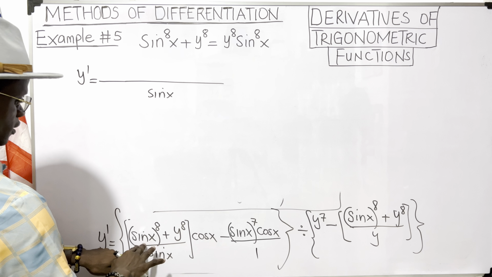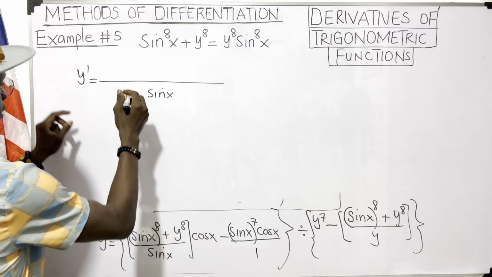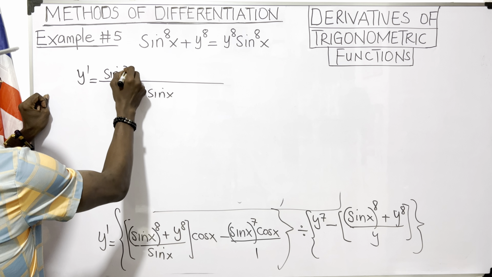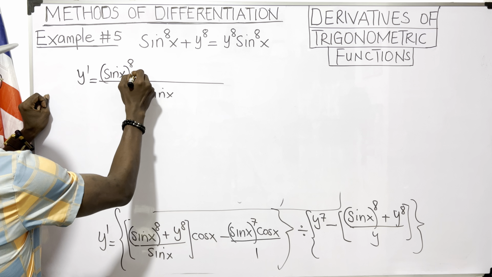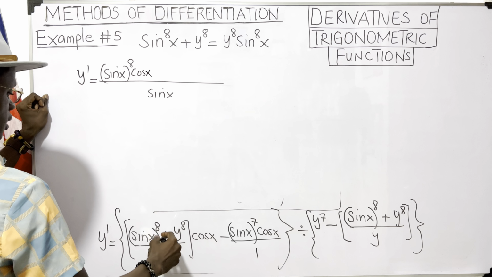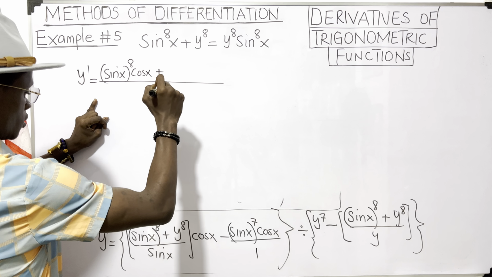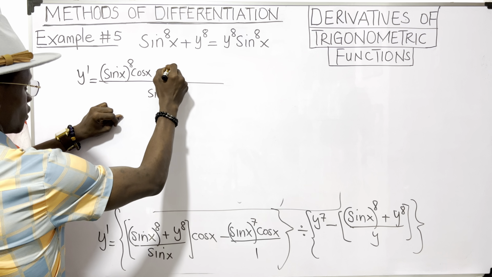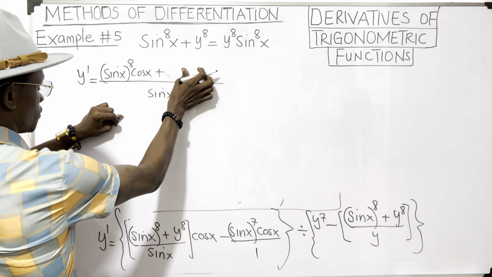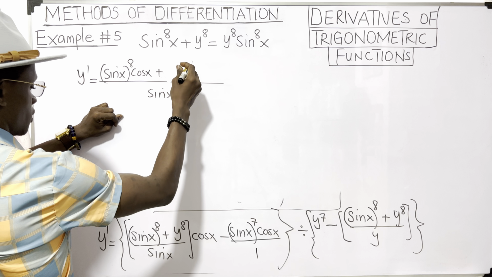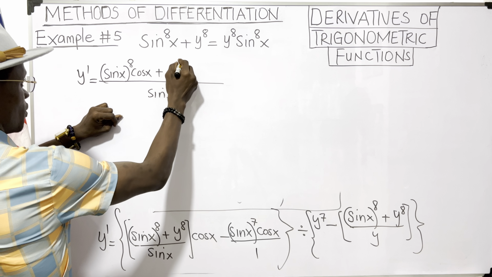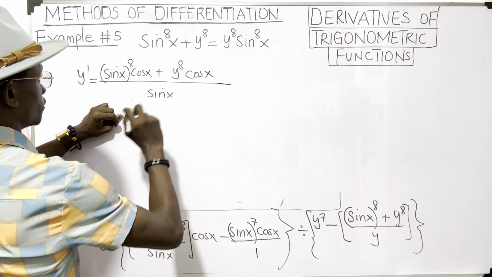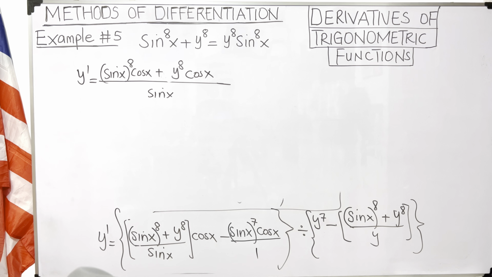So we say cos of x times the numerator. So that is sine of x raised to the 8th power cos of x, and then plus y raised to the 8th power cos of x.